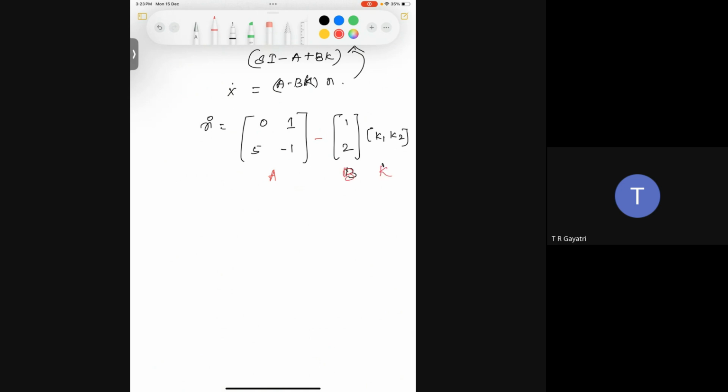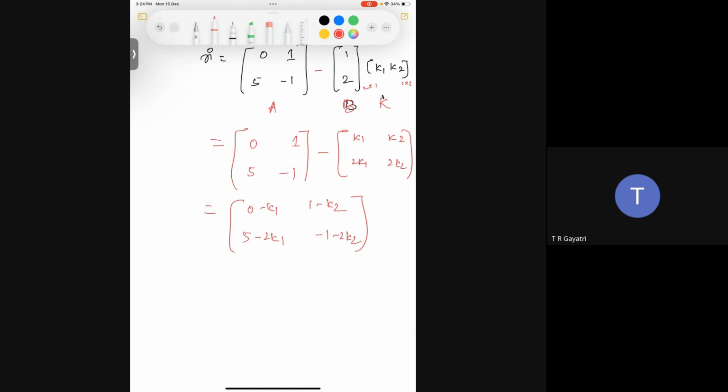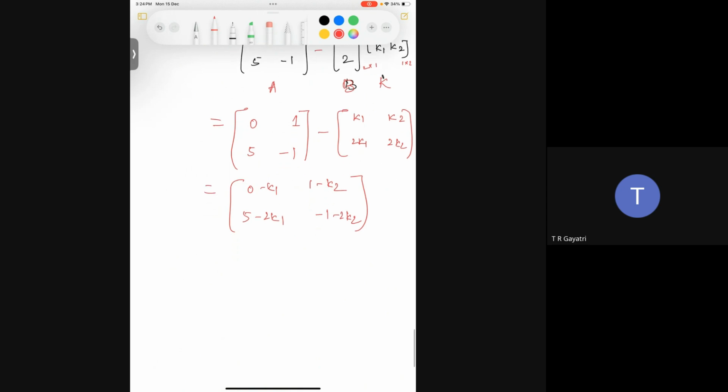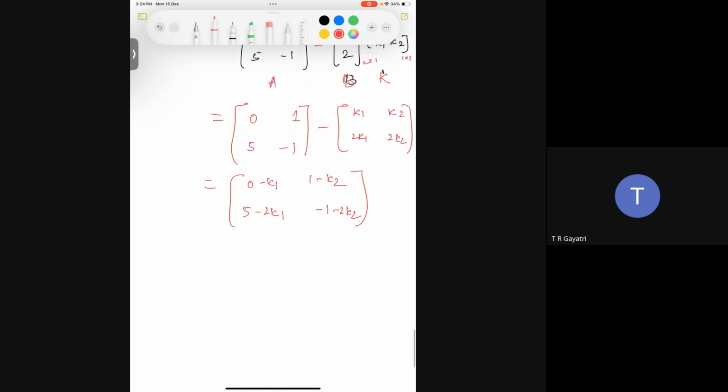B into K gives 2 cross 2: k1, k2, 2k1, 2k2. So A minus BK is 0 minus k1, 1 minus k2, 5 minus 2k1, minus 1 minus 2k2.